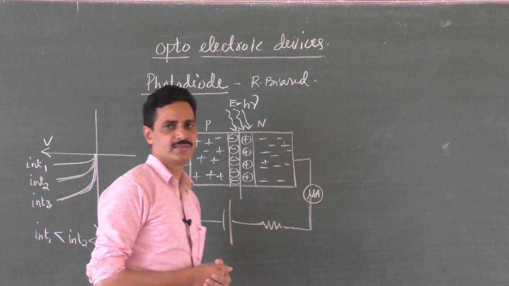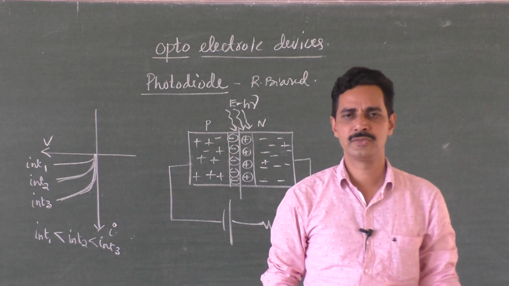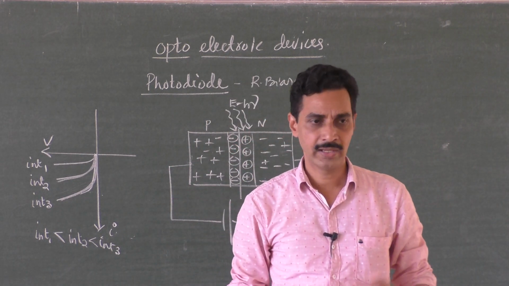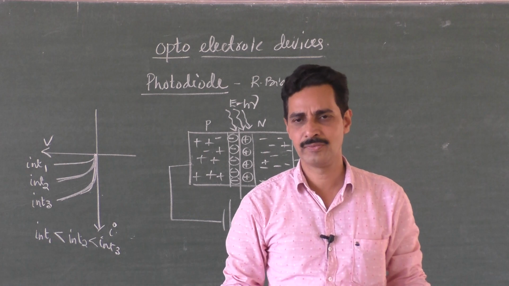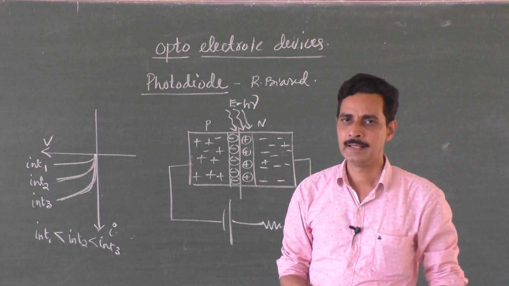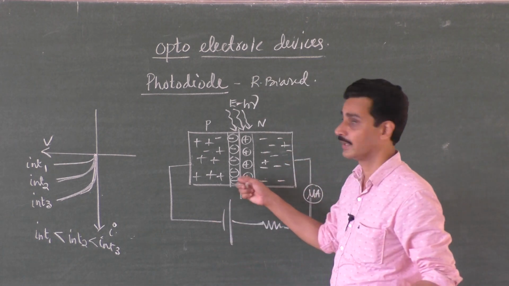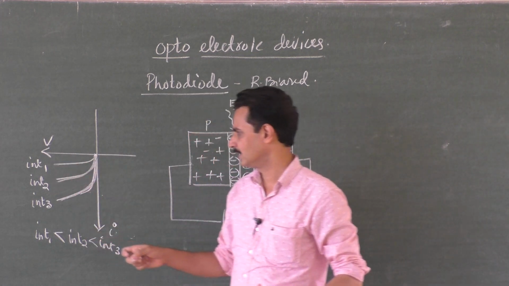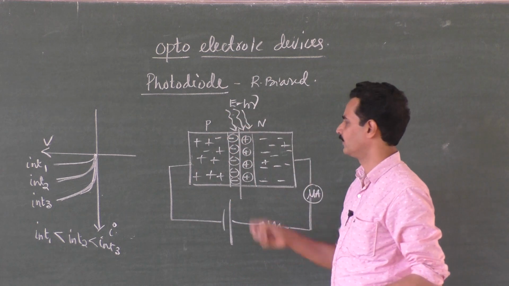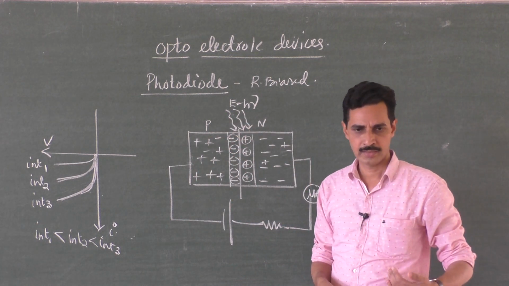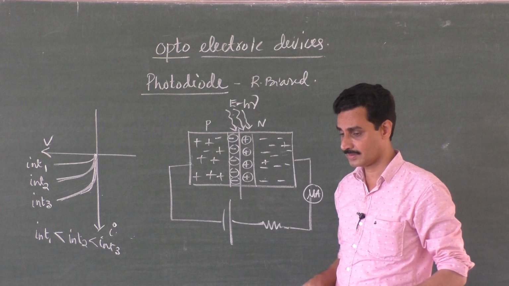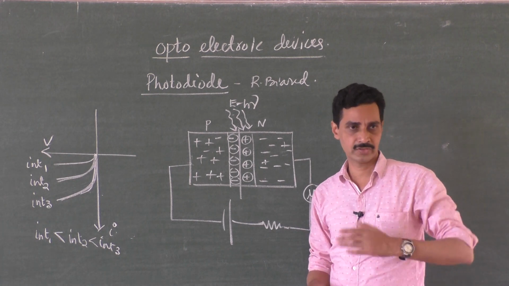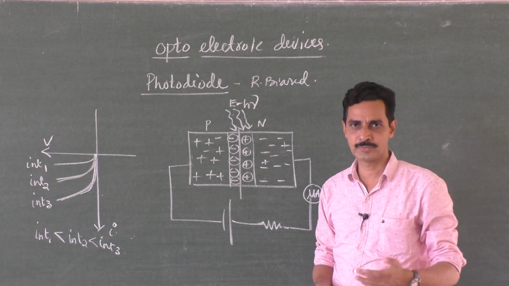A p-n junction is reverse biased, and light is made to fall on the junction. If no light is falling on the junction, we still have a very small current called the drift current, which is due to minority carriers. When sufficient energy falls on the junction, electron-hole pairs are created, because electrons can move to the conduction band by absorbing that energy.